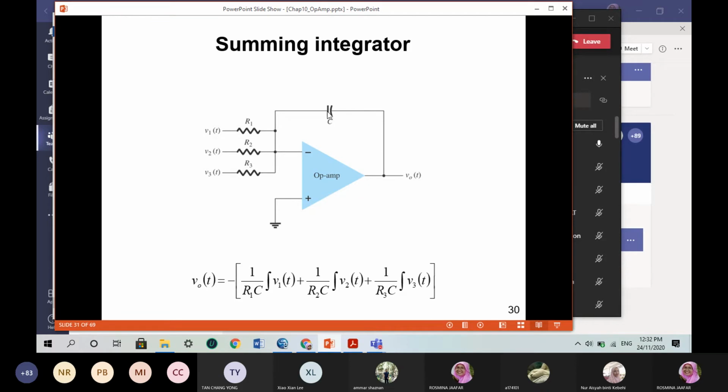If you have a resistor here, the circuit will become a pure summing amplifier. But when you have a capacitor in place of the RF, you will have an integrator instead of a summing amplifier.